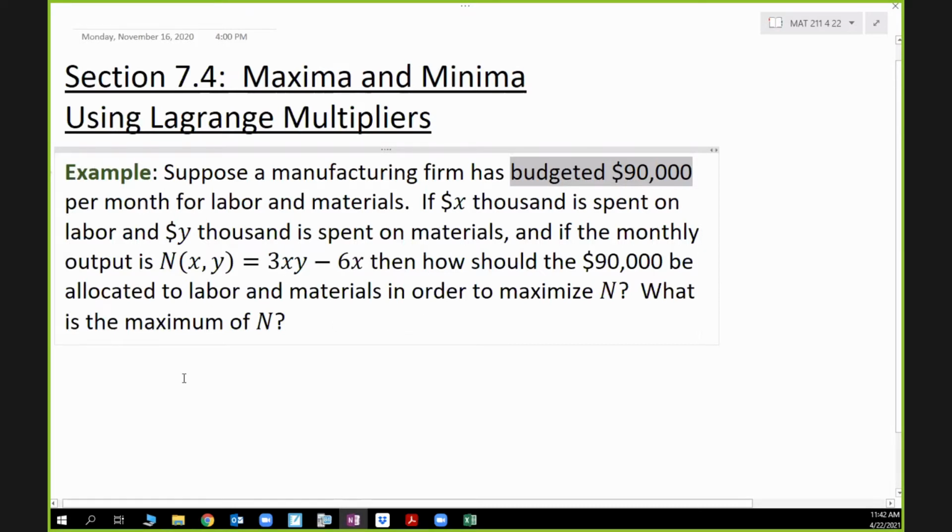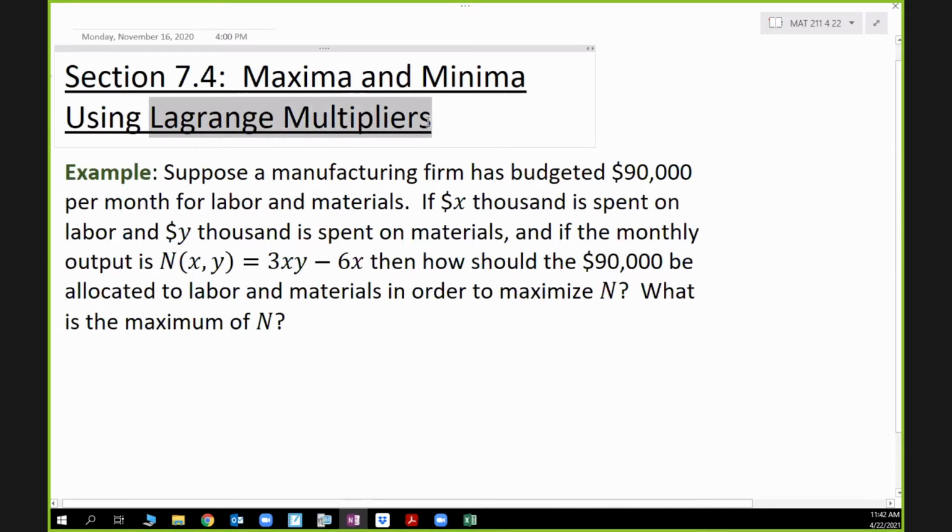We will come back to this example in a little bit, but I'm going to bring up what that method actually is and what Lagrange multipliers are.